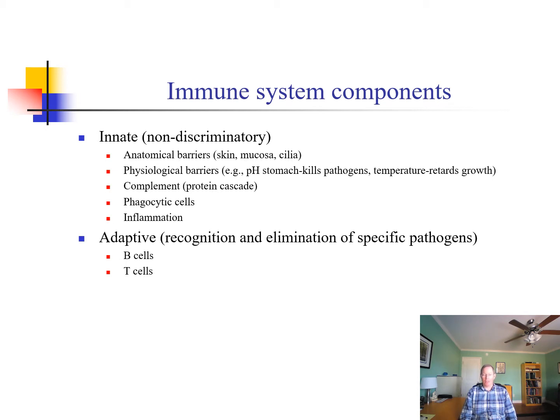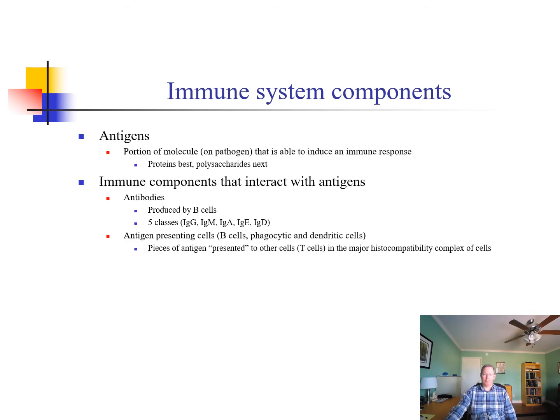And of course, if I damage my body in some capacity, if I cut my hand or something along those lines, I will have inflammation or a way of trying to wall off from potential pathogens entry into my body. Under the adaptive portion of the immune system, those are mostly just held within the B and T cells, and we'll talk about those in detail.